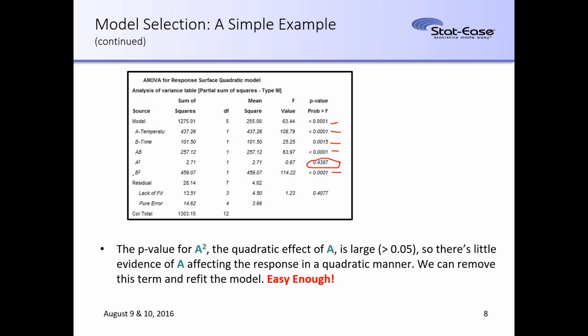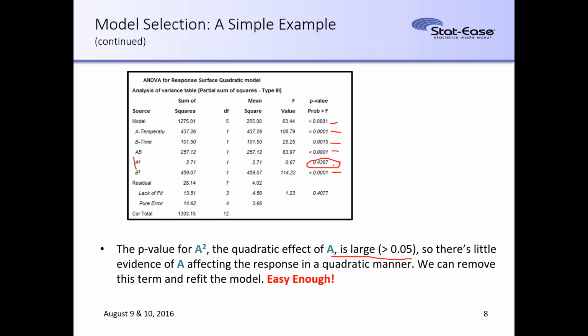In other words, its effect on the response is probably 0 or very close to 0. In this case, we note that A squared, the quadratic effect of A, its p-value is quite large. It's greater than some threshold. Typically, that threshold is 0.05. So there is little evidence of A affecting the response in a quadratic manner.